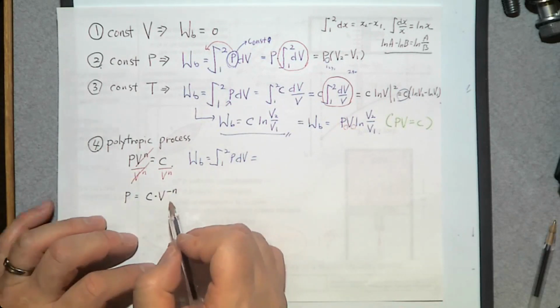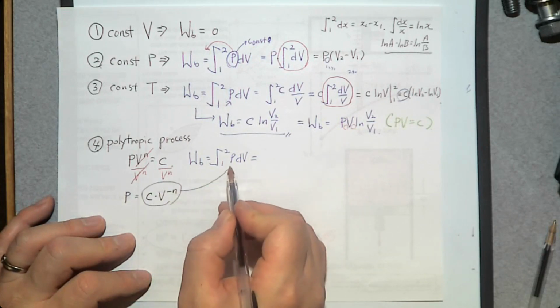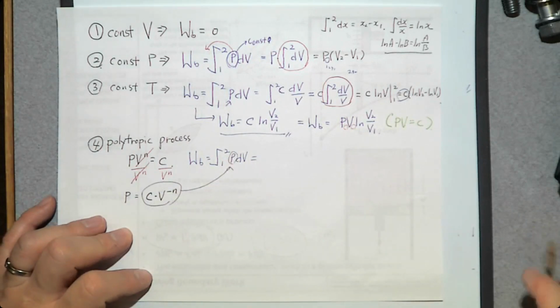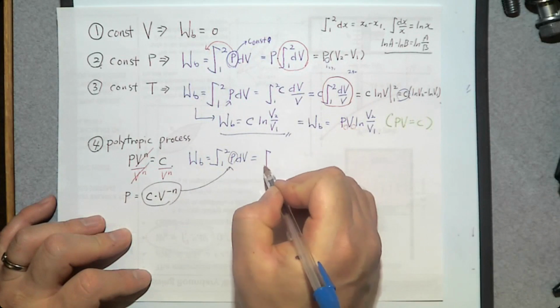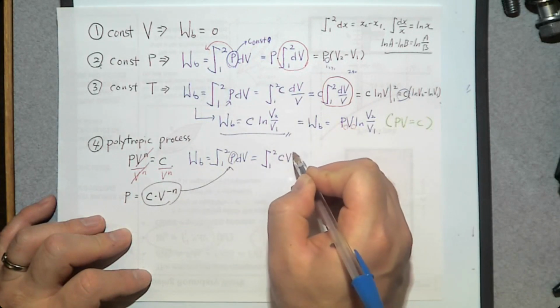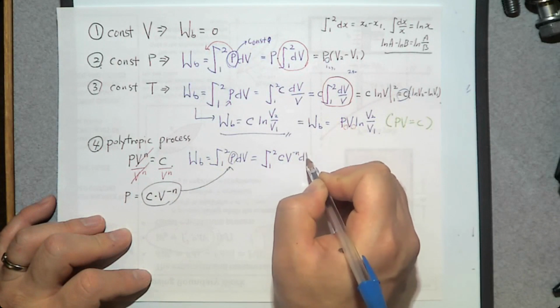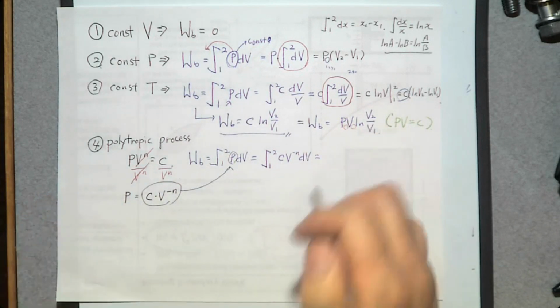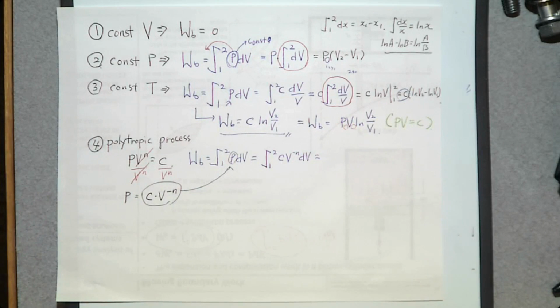And now this one is going to replace this P inside. So it's going to be from 1 to 2, some constant times V to the power minus n dV. And can you solve it? Yes, we can. This C comes out first.